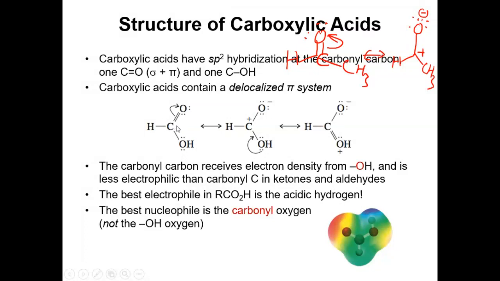The carbonyl carbon is still electrophilic, but because the positive charge gets delocalized to oxygen so efficiently, it enhances the acidity of this particular proton, so that this proton is more electrophilic than this carbonyl carbon. This is something worth noting.